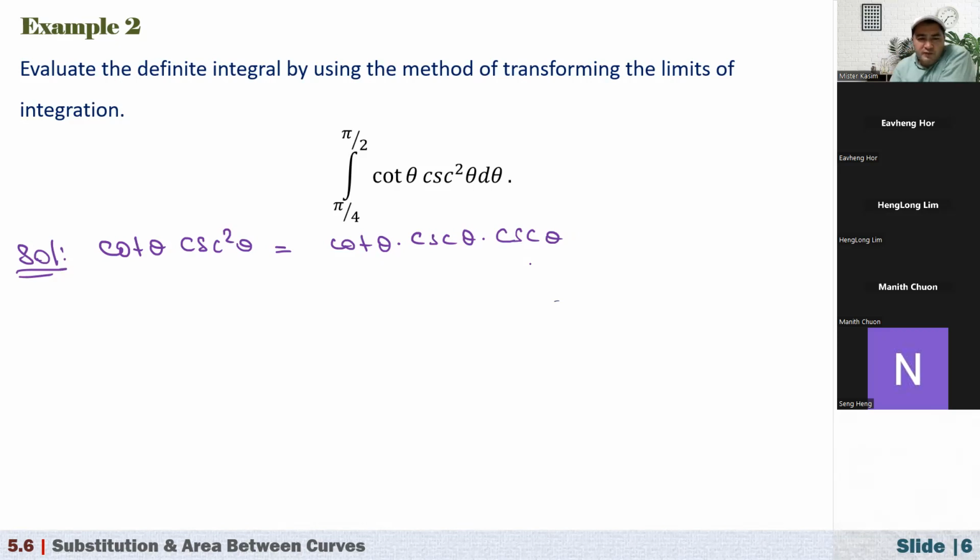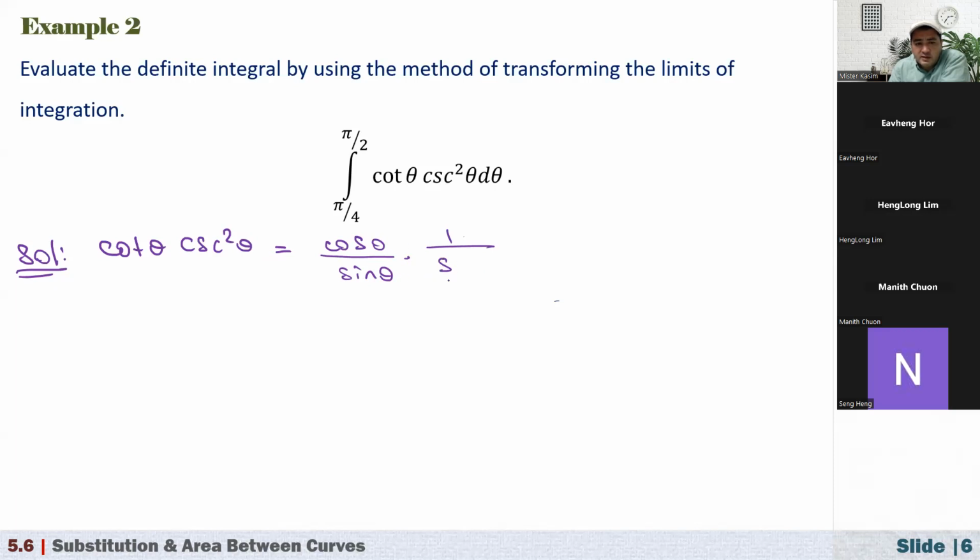Also, I think I can simplify. How about if I just simplify this as cotangent of theta is cosine of theta over sine of theta, times cosecant squared of theta, that is 1 over sine squared, right?